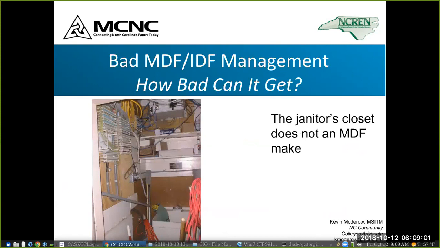There are paper products nearby, which is likely an OSHA violation when you store documents or other paper products in the wiring closet. And there also is likely to be a presence of some pretty harsh chemicals, cleaning agents in this environment. And while a custodian may only be exposed to that for a few minutes while retrieving something, a network engineer may have to spend hours in this room troubleshooting a problem.